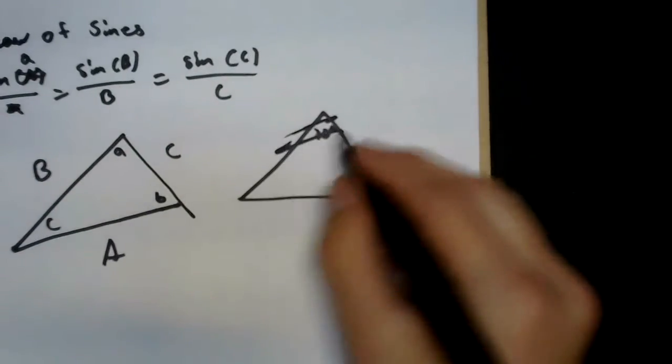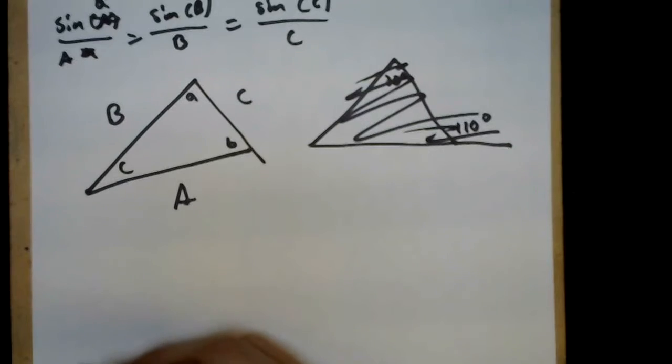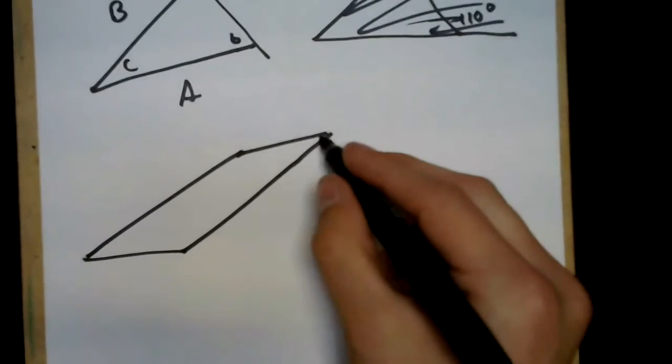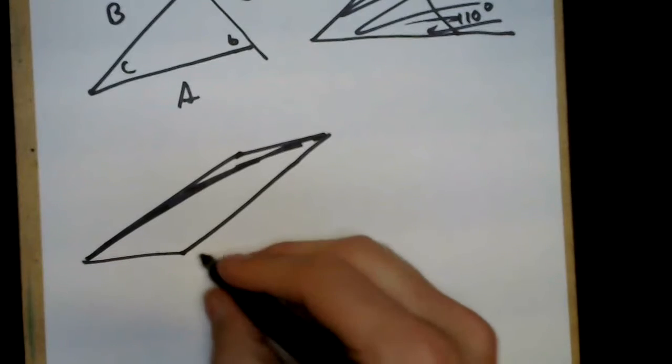That doesn't work out actually. Hold on. Gotta draw a better triangle. There we go. That's a semi-decent triangle. Just think this is a straight line. There we go. Okay, there's a straight line.